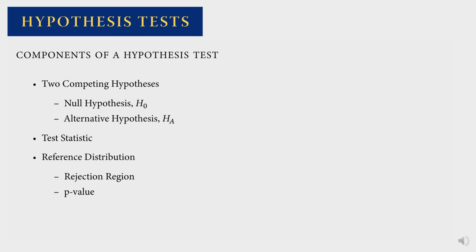This probability is referred to as the p-value. The rejection region of the distribution determines how low the p-value has to be in order to reject the null hypothesis. Like I said before, traditionally it's set at 0.05, but it can be whatever you want depending on what you're doing.